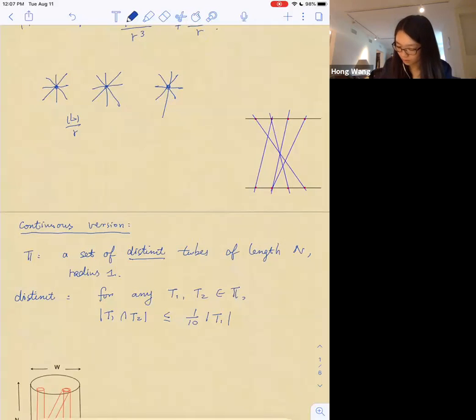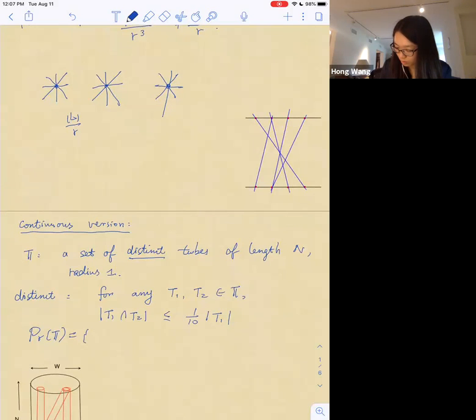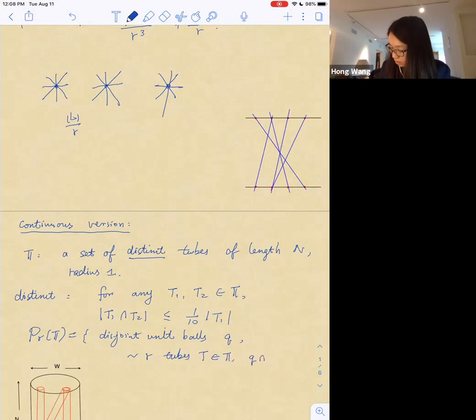And we define the set of R-rich balls for T as the set of disjoint unit balls Q such that there are roughly R tubes in T and the intersection of Q and T is large. So here is our definition of R-rich unit balls.